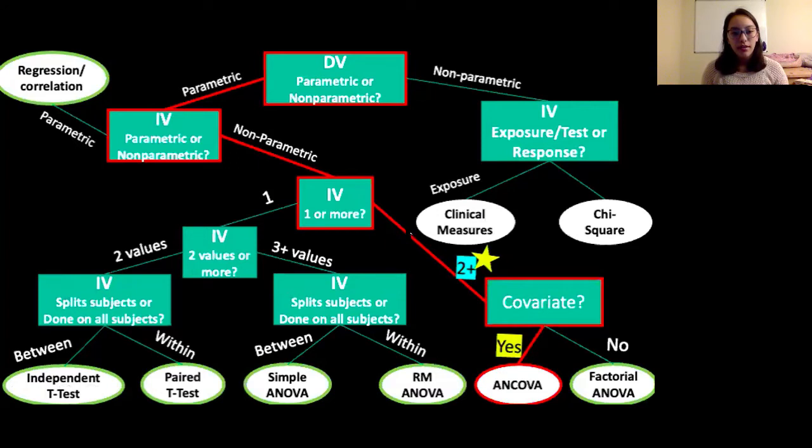And I think the reason why it's placed in this position in the textbook's decision tree is because they consider a covariate similar to an independent variable. And its nature is similar to an independent variable, and we'll talk about why, but I wouldn't necessarily classify it as a leveled independent variable, if you will.